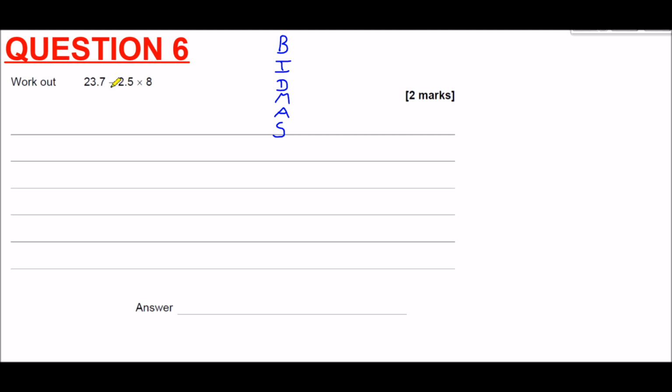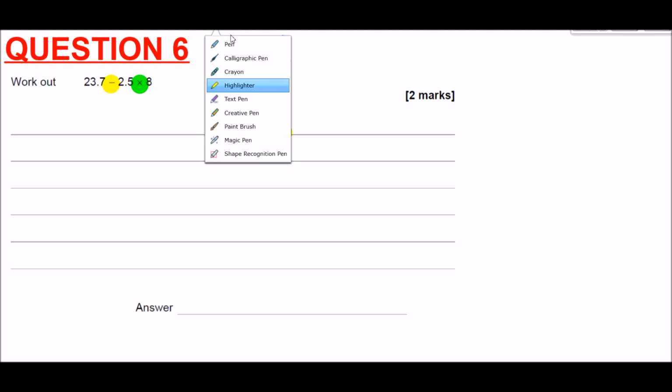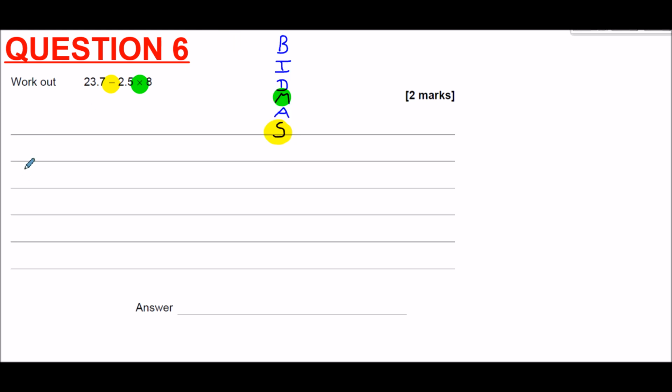So subtraction is that one, and multiply sign we've got over here. So what we need to do is the multiplication part of this one first before we do subtraction. And so I'm just going to write it down here.